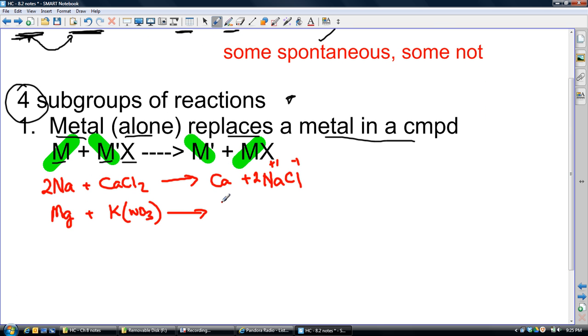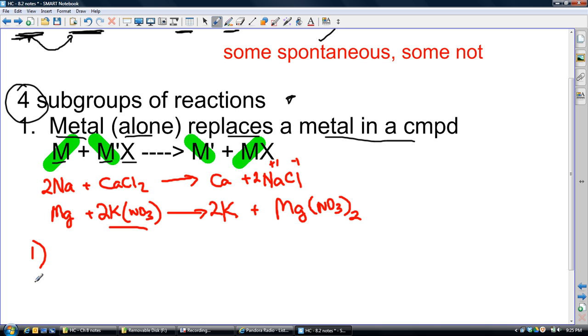So what will happen here is the metals trade places, potassium will be by itself, and now magnesium will be bonded to the nitrate. Now magnesium's a +2, nitrate's a -1, so we get Mg(NO3)2. We come back and we have to balance. We've got 2 nitrates on the right, 2 NO3s on the right. We need 2 on the left. Now we got 2 Ks.